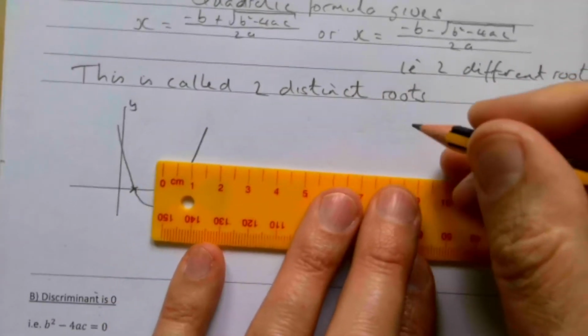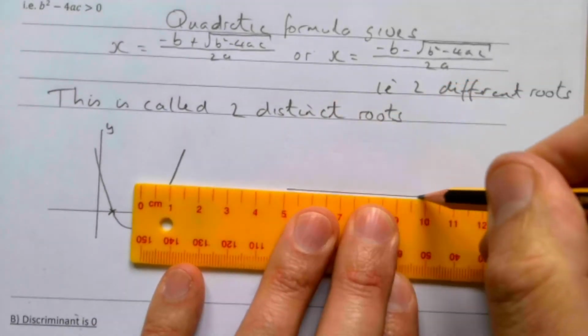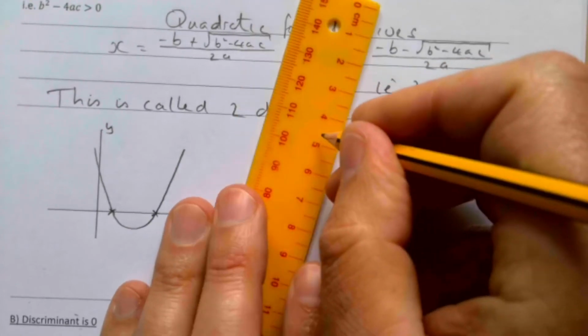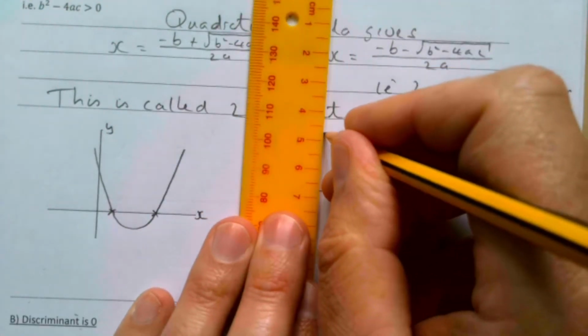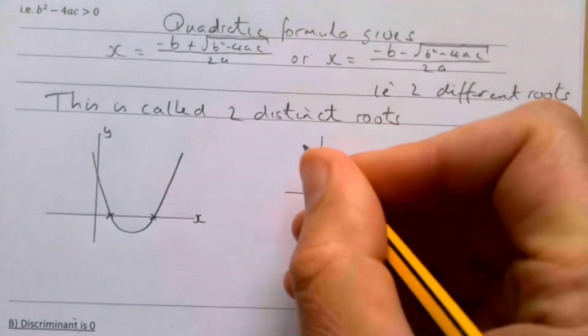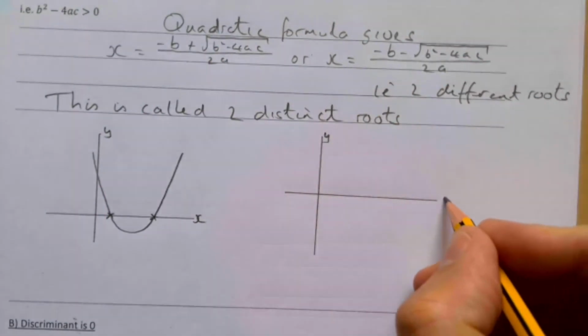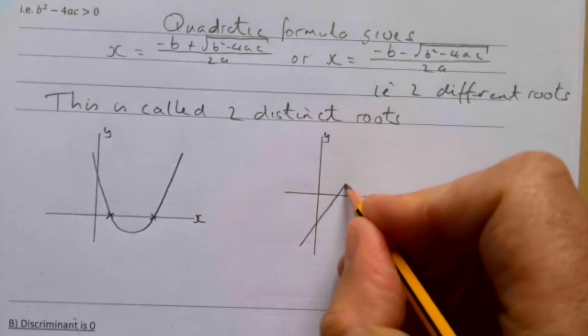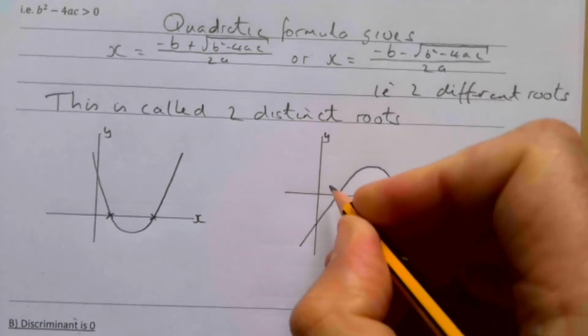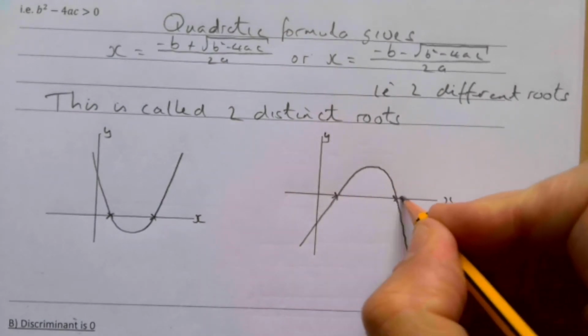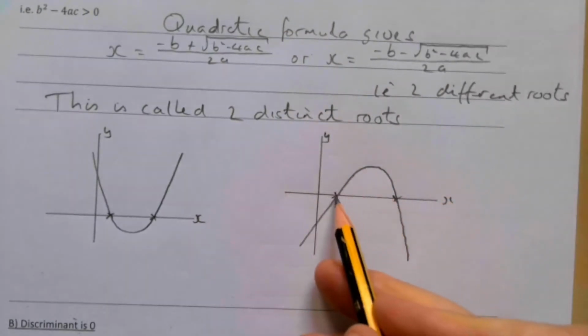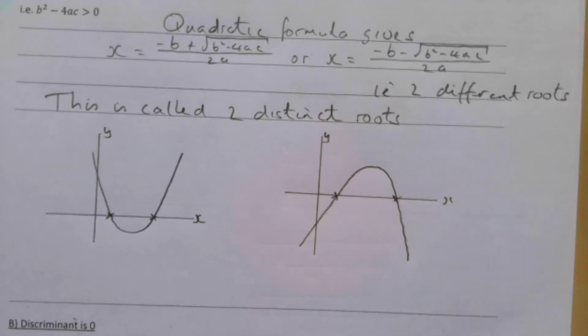The other option is simply if the quadratic is the other way around. And in those scenarios there are two distinct roots, i.e. there are two points where the graph crosses.